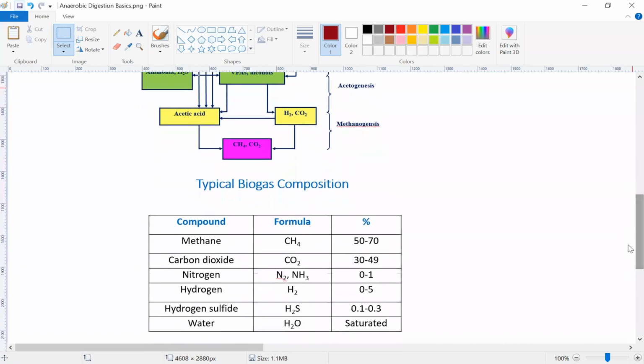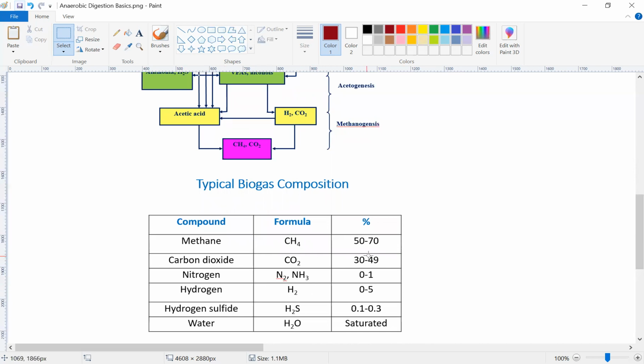So what is the biogas? Biogas, again, is a mixture of gases, mainly methane and carbon dioxide. Methane is something like 50 to 70%, and for manure, or lipid rich or protein rich material, you can expect something like 70% methane.